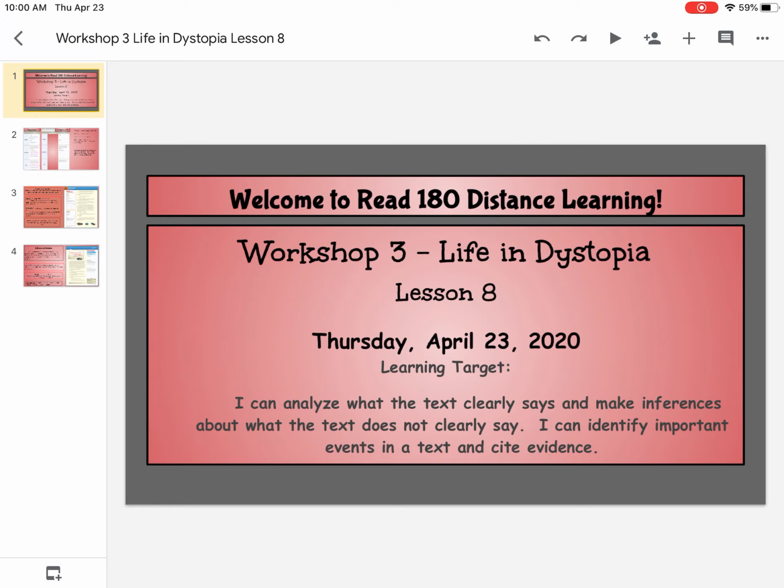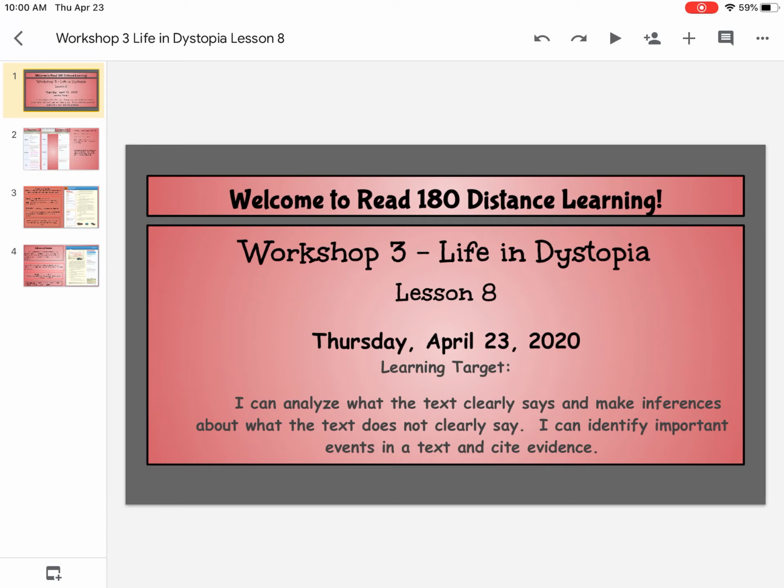So today when we focus on the lesson, we're going to be really looking at making some inferences because there's a lot of things happening in the story that the author's not coming out and really coming straightforward to tell us. Sometimes the text clearly says what we need to know, but sometimes they don't tell us exactly or very clearly.